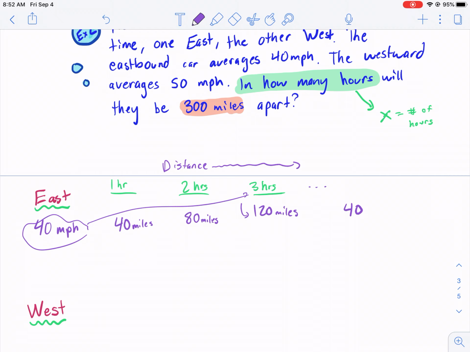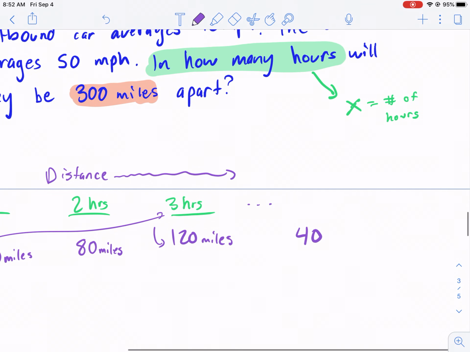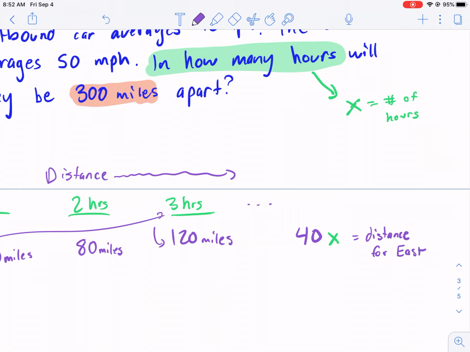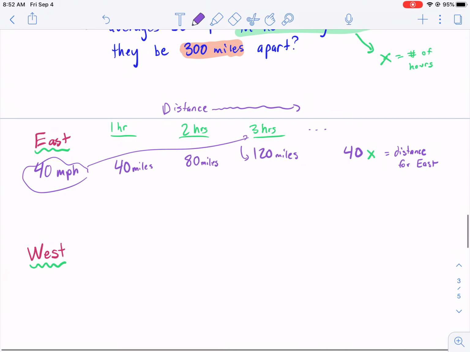What's changing each time is the variable. The 40 stays constant, it's a constant rate, but the only thing changing is the number of hours. That's our x. We multiply them, 40 miles per hour times the number of hours, and that gives us the distance for the eastbound car. We'll just call it distance for east.